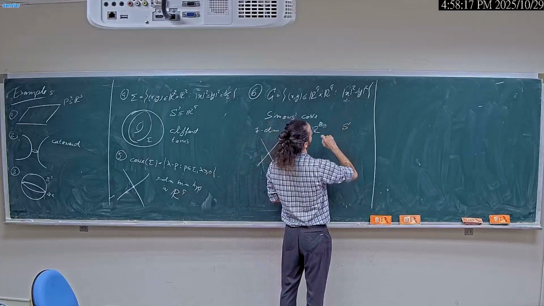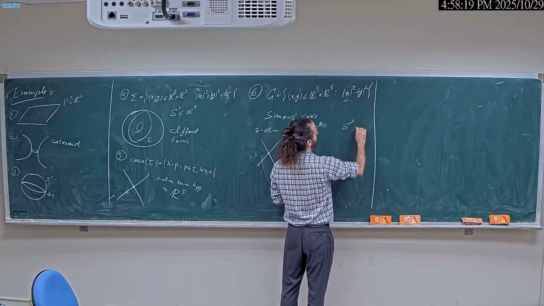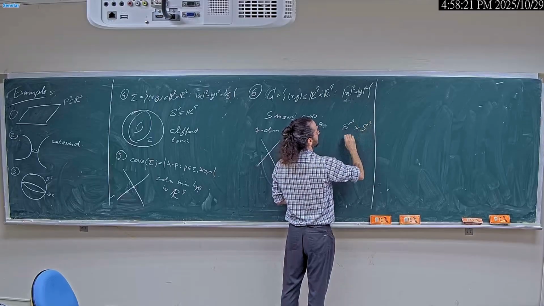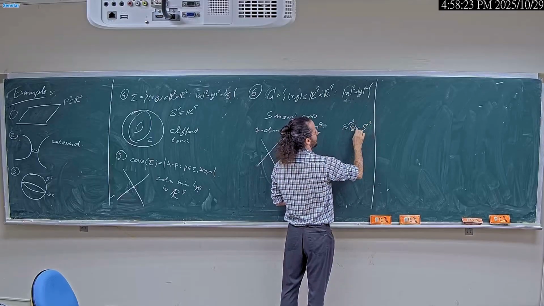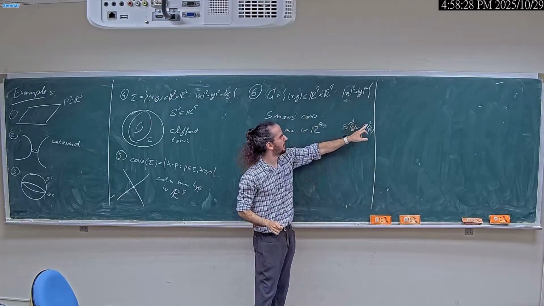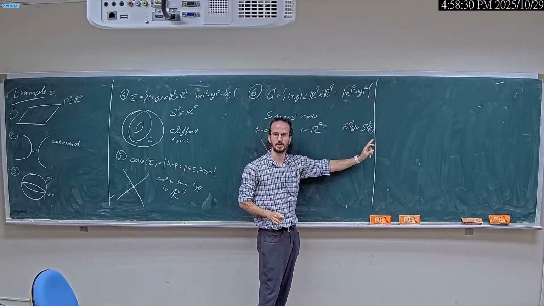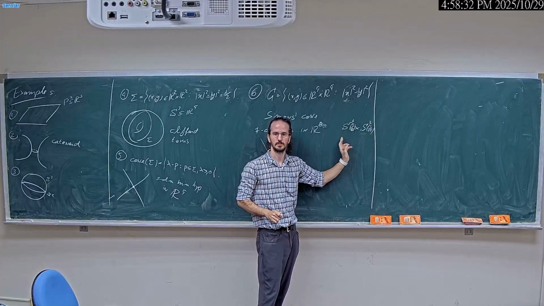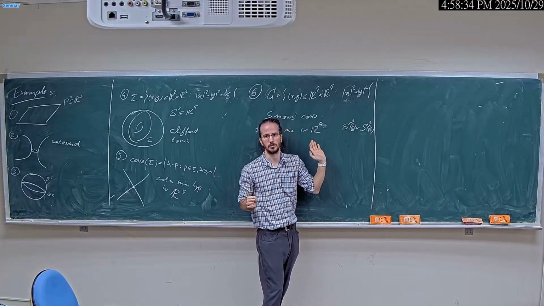So the link is S3 cross S3. In here, if you change these dimensions and you change the radius appropriately, it is a minimal surface. But just changing the radius is not a minimal surface anymore.